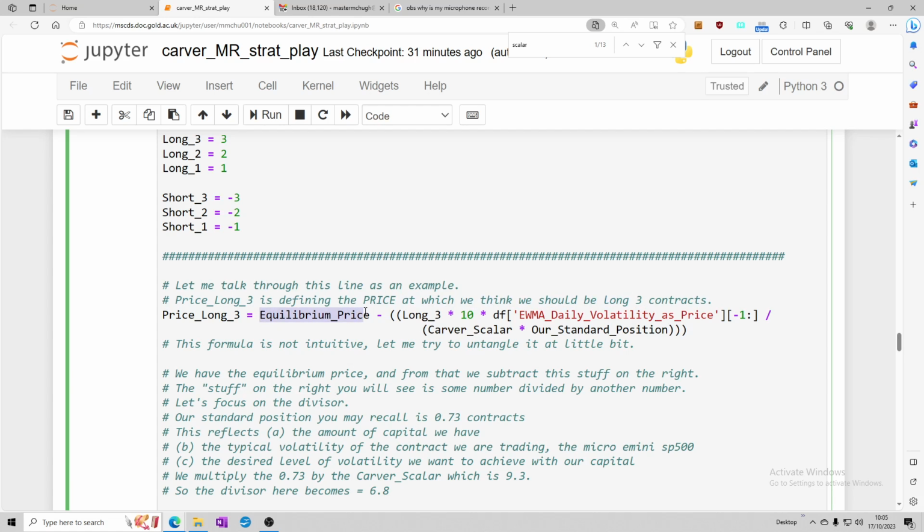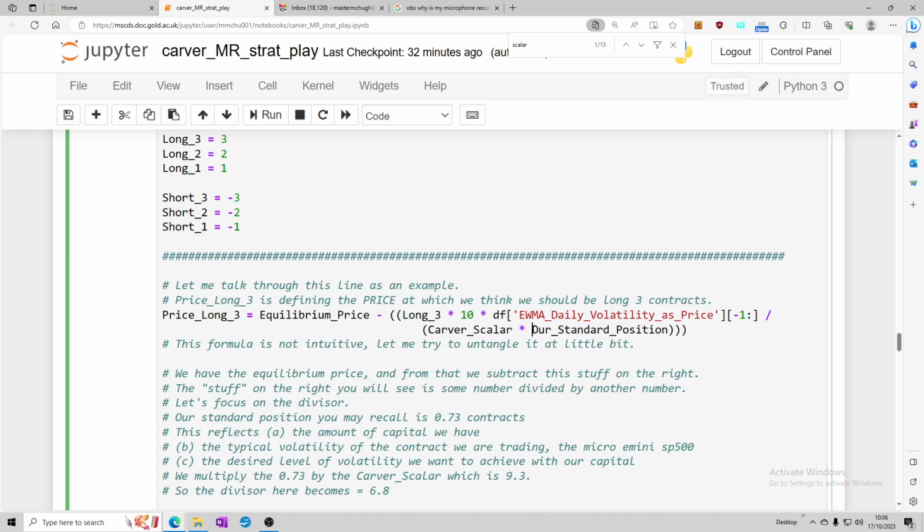You take the equilibrium price and then you subtract from that all of this. So you've got some numerator divided by some divisor. This formula is not intuitive. Let me try to untangle it. We have the equilibrium price, and from that we're subtracting this stuff on the right. Let's focus on the bottom part first.